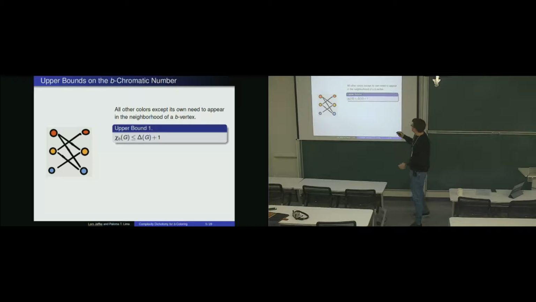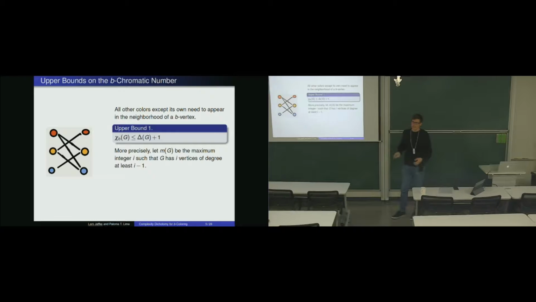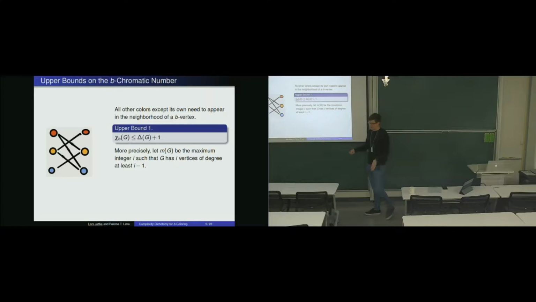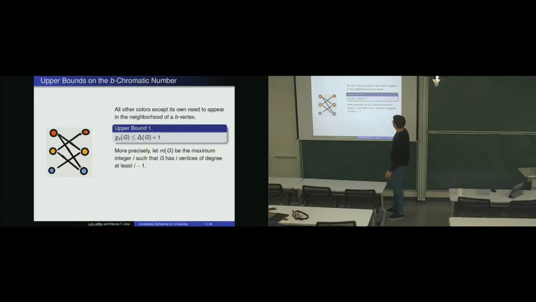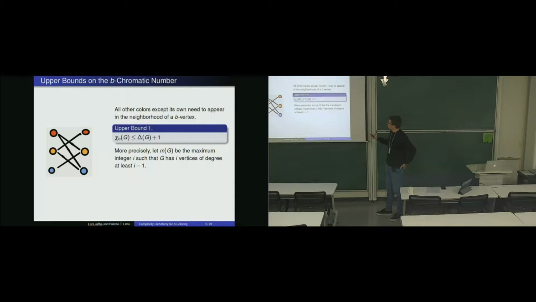Okay, so this upper bound only looks at one b-vertex at a time. But of course, we need a bunch of them, right? We need k b-vertices for a b-coloring. And this is what the so-called m-degree describes. So m of G is the maximum integer i such that G has i vertices of degree at least i minus 1.